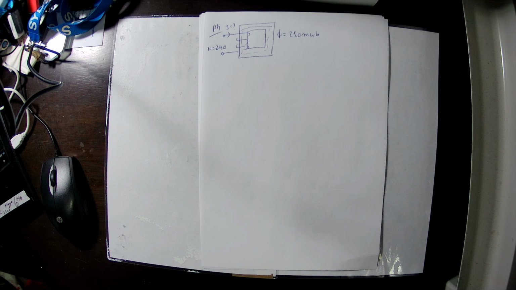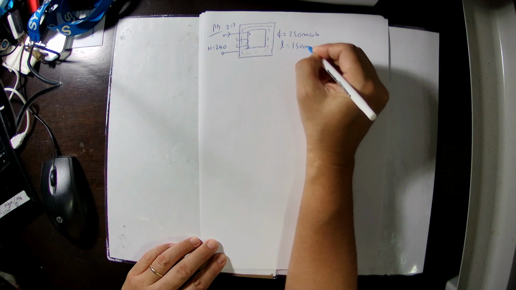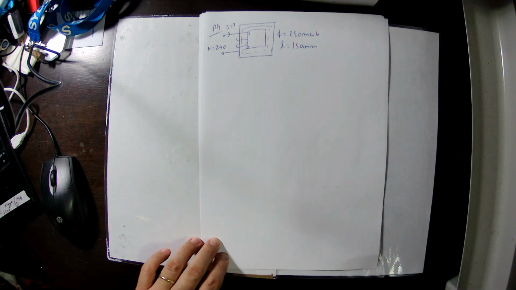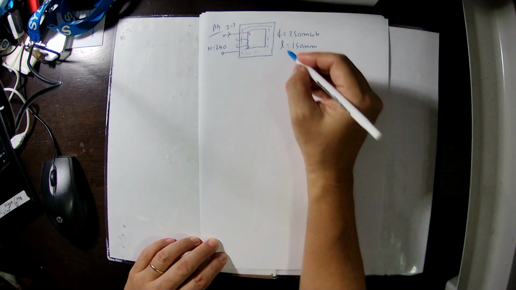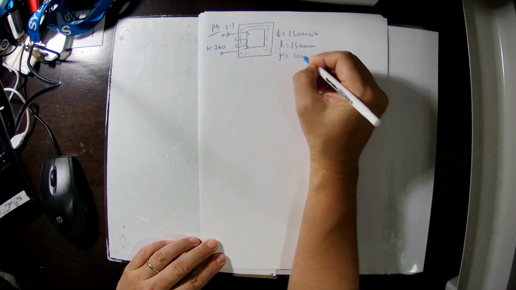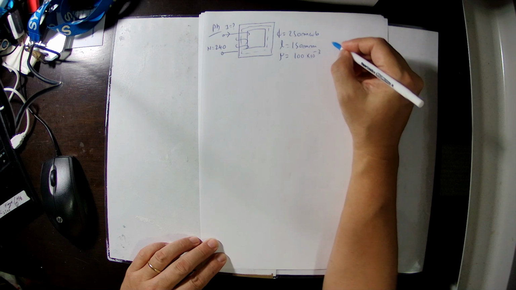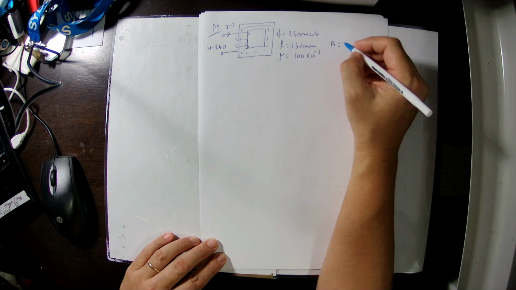In this case, the core length is 150 millimeter, permeability mu equals 100 into 10 power minus 3, and the cross-sectional area of the core is 250 millimeter square.